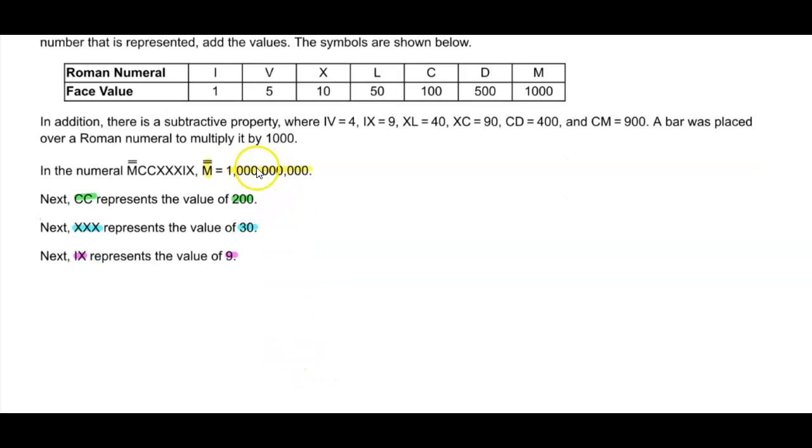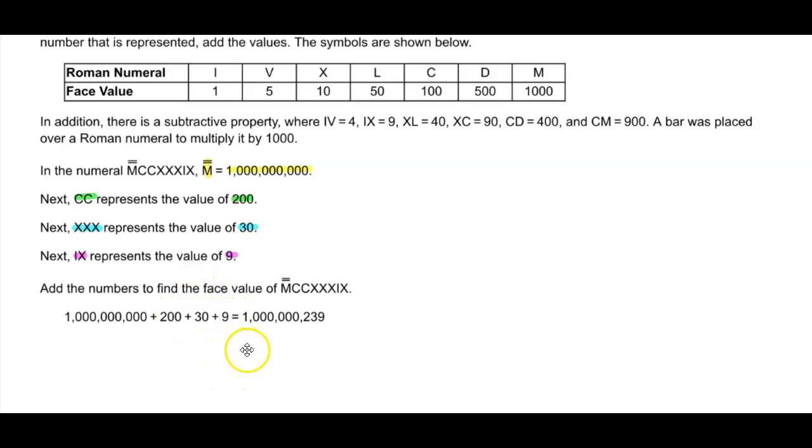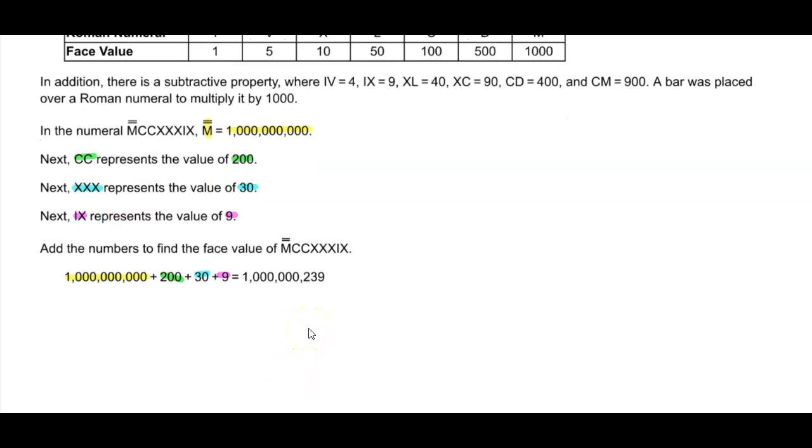So now we're going to add up all these numbers to figure out what that represents. So we're going to add those numbers to find the face value. So if we take 1 billion plus 200 plus 30 plus 9, well, that gives us 1,000,000,239... 1,239,000,000.